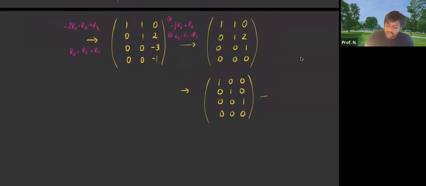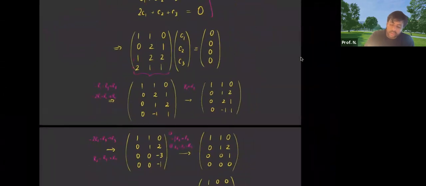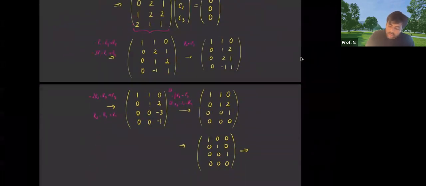But what does this information tell me? Well, given that this is a homogeneous system, what I just showed you was that C1 equals 0, C2 equals 0, and C3 equals 0. That's what the row reduced echelon form of this matrix tells me. So C1, C2, C3 must be 0.